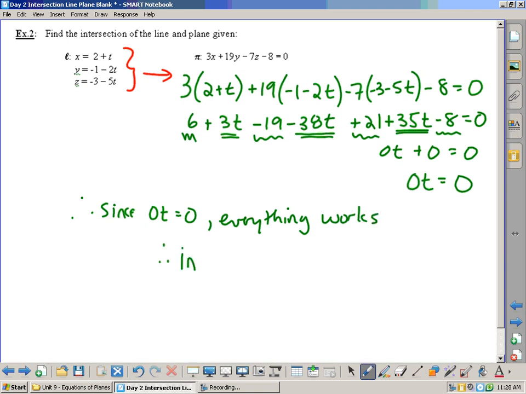Therefore, there are infinite intersections. Remember, you are investigating the intersection, so don't just say the line lies on the plane and be done. That's great. You're right. The line does lie on the plane, but there are an infinite amount of intersections, therefore.